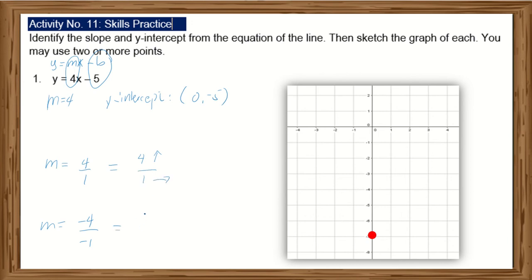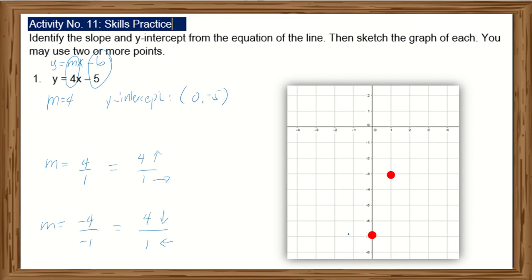This one, 4 units down, and then we have 1 unit to the left. Let's follow this. Let's start first with this one, because we don't have enough space here. So, we have 4 up, 1, 2, 3, 4. Then we have 1.